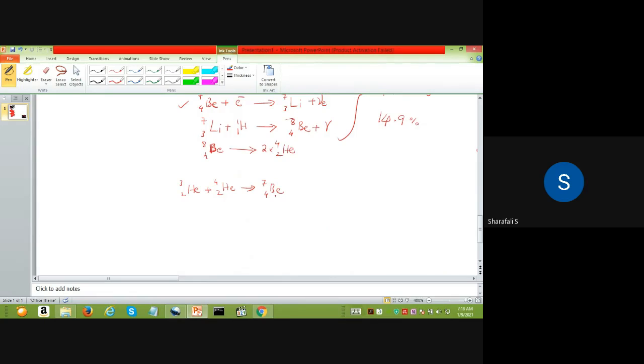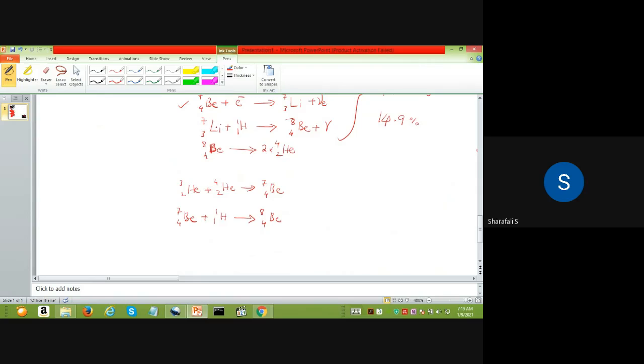This beryllium 7 will interact with a proton, and this will form beryllium 8, 4.